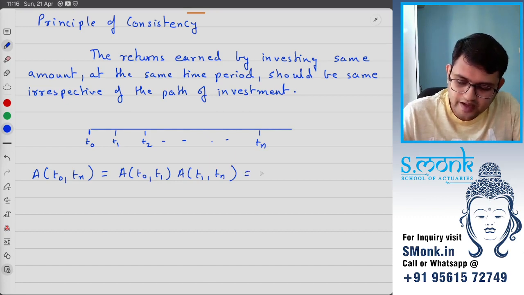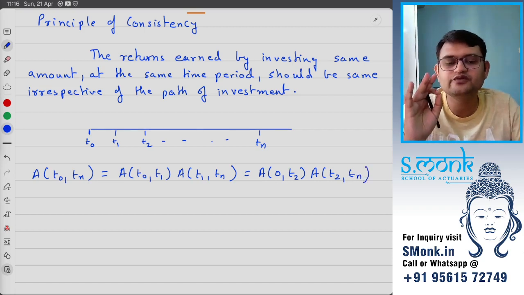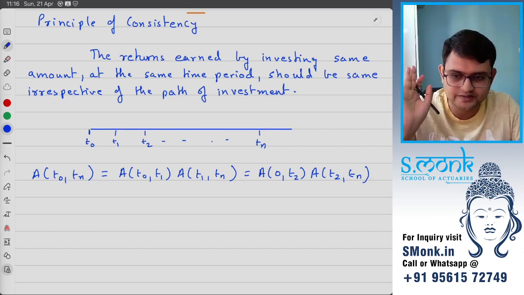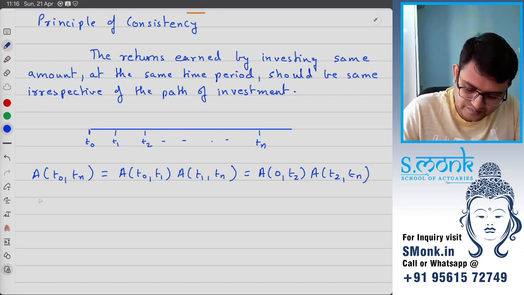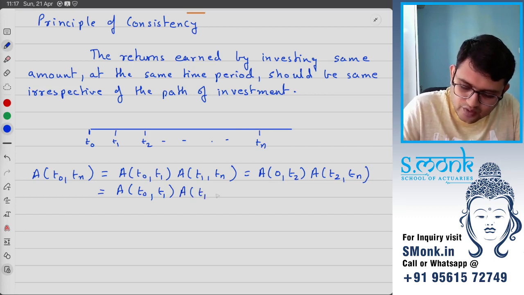It will be the same as going from 0 to 2 and then going from 2 to n. Remember, accumulation factors will always get multiplied or divided, will never be added or subtracted. This will be the same as going from 0 to 1, then from 1 to 2, and then from 2 to n.